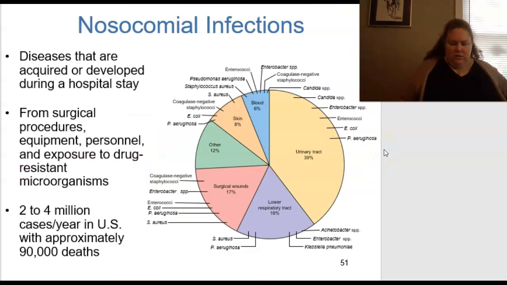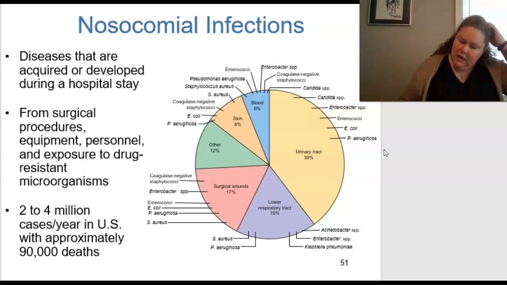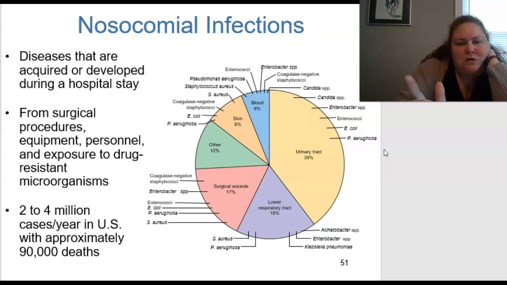What about nosocomial infections? These are diseases that are acquired or developed during a hospital stay. This is figure 13.23. They come from surgical procedures, equipment, personnel, and exposure to drug-resistant microorganisms. We have about 2 to 4 million cases a year in the US with approximately 900,000 deaths.